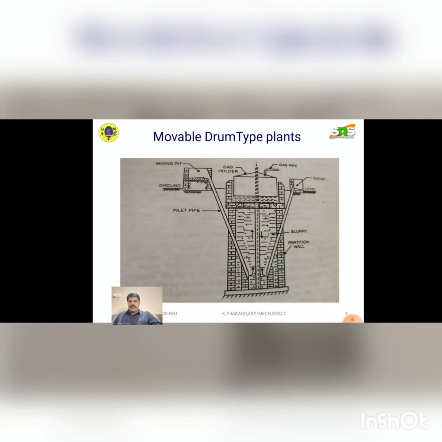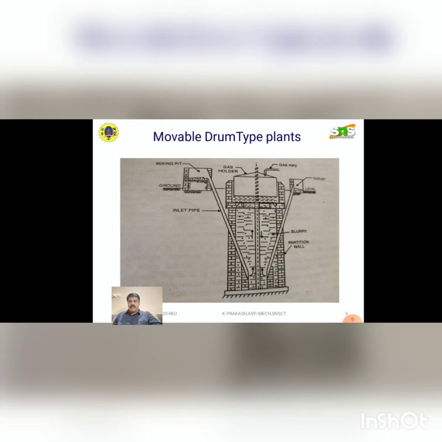This plant consists of a digester built with bricks below ground level. An inlet pipe is provided on one side for feeding slurry and an outlet on the other side for removing the digested slurry. A steel drum is fitted on top to collect the gas, and this is called the gas holder.